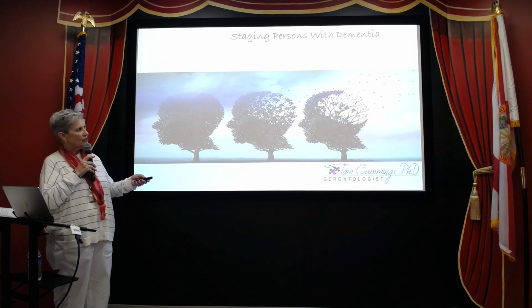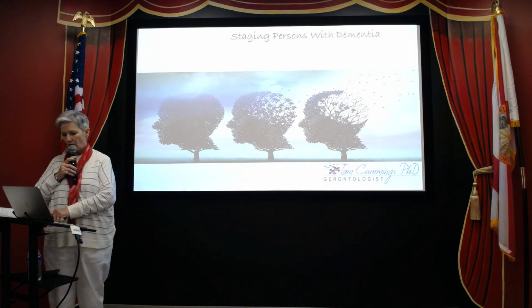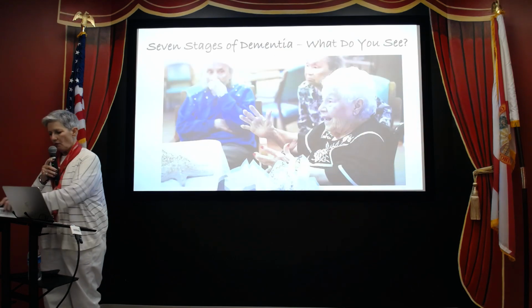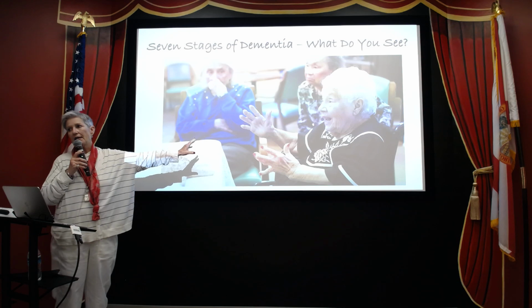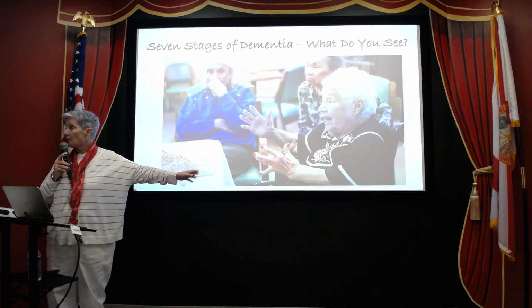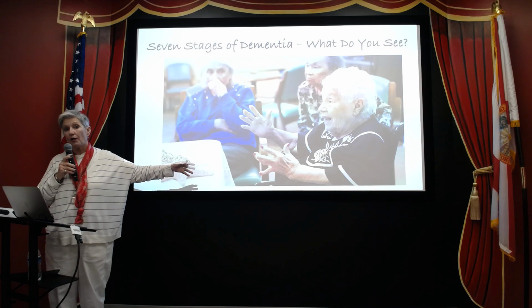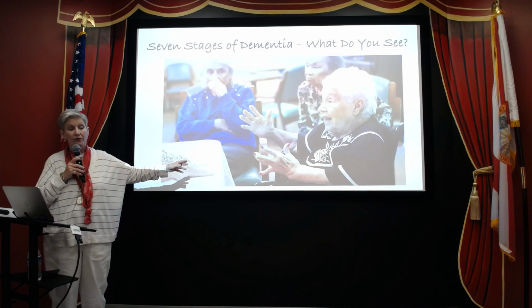One of the things that surprises families is that we actually have these tools and that they don't work. So this is one of the slides that I like to use, and I use this because there are three different stages of dementia in here, and these are the stages you and I work with, or that I certainly work with most often.